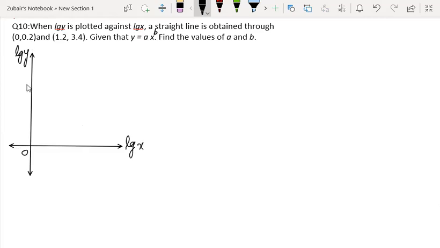The points are (0, 0.2), so this should be the point (0, 0.2), and then 1.2 can be somewhere here, like this. Then we should draw a straight line.